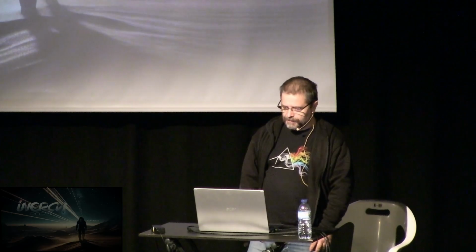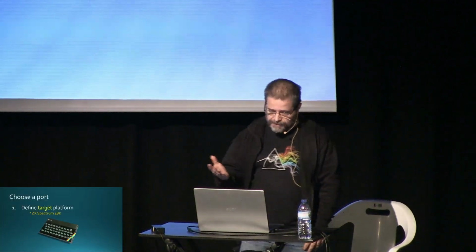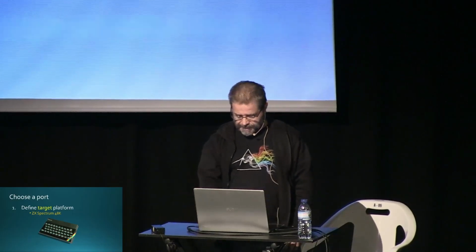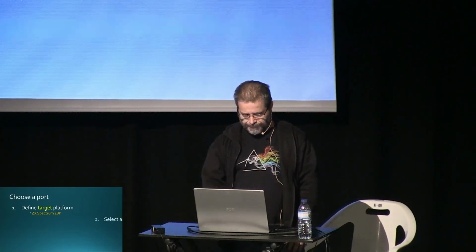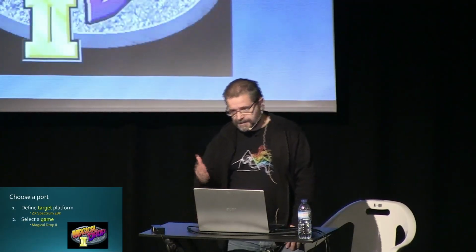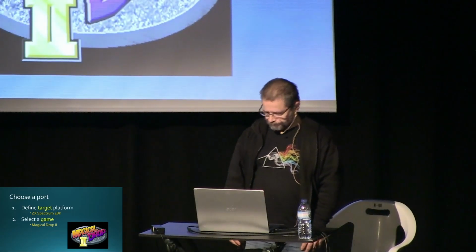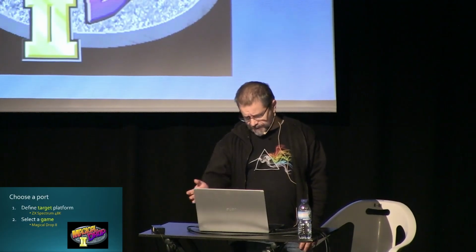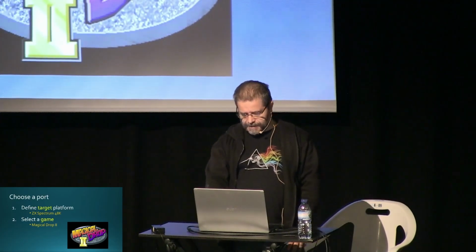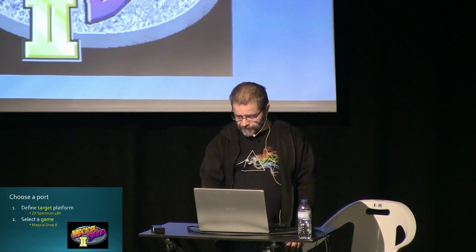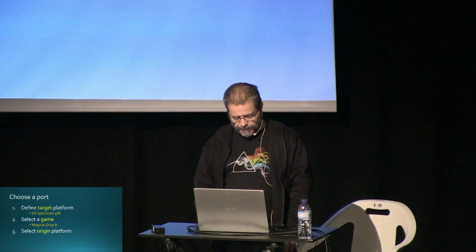So when you're trying to do a port, the first thing we usually do is define our target platform. In this case, I chose Spectrum 48K because that's what I love to code for. Then you select some game that you want to actually port. In this case, Magical Drop 2 from the arcades, actually from the Neo Geo, was one of the games I wanted to port.